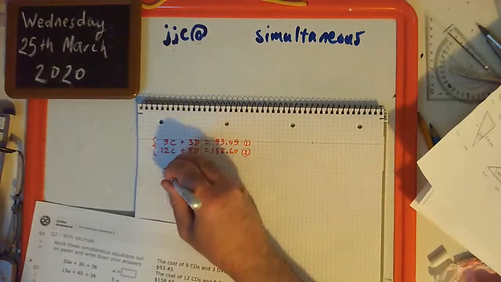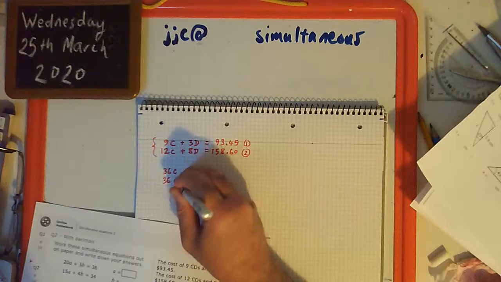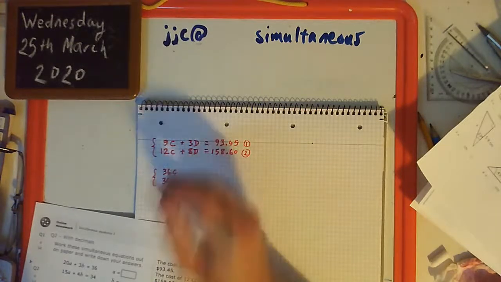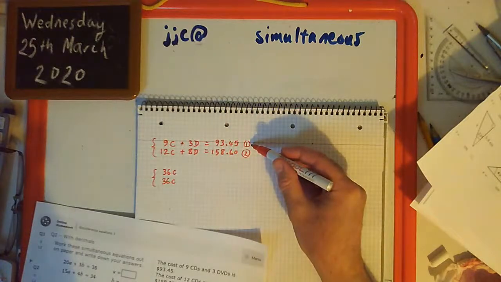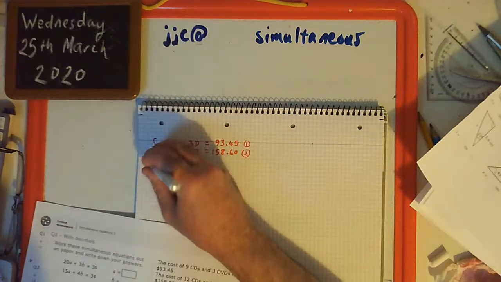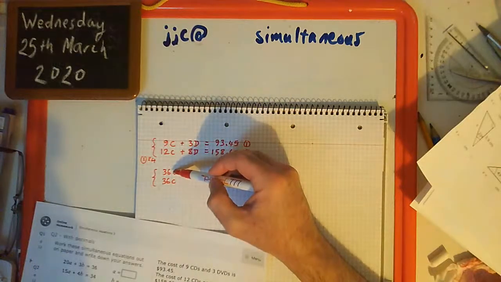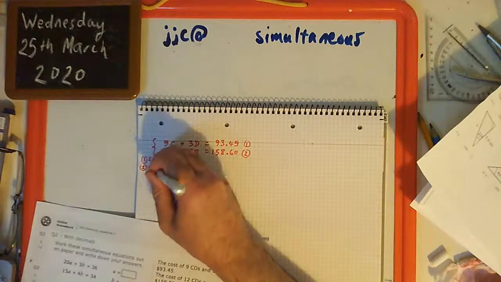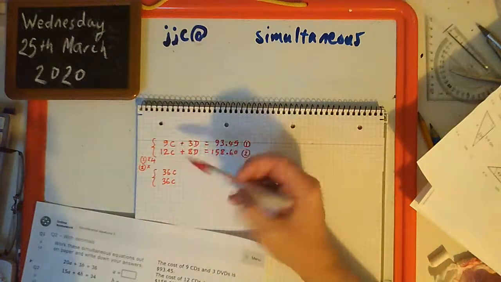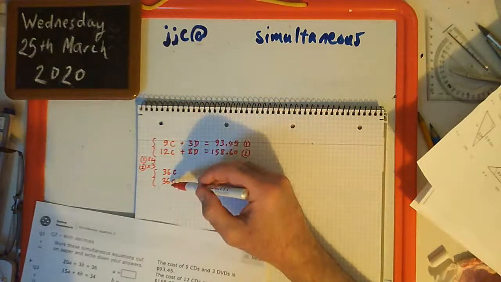So let's try and multiply up both equations so that we get a 36c in both of them. I'm going to have to multiply everything in equation 1 by 4 so that a 9c becomes a 36c. And I'm going to have to multiply everything in equation 2 by 3 so that a 12c becomes a 36c.